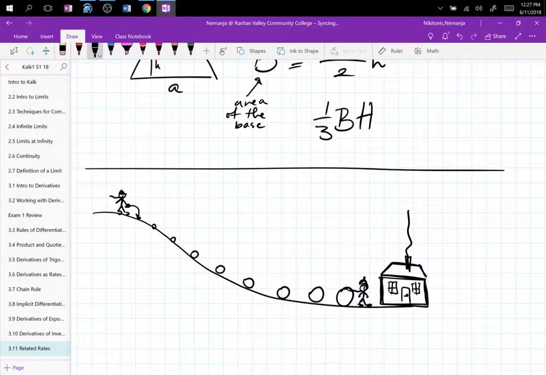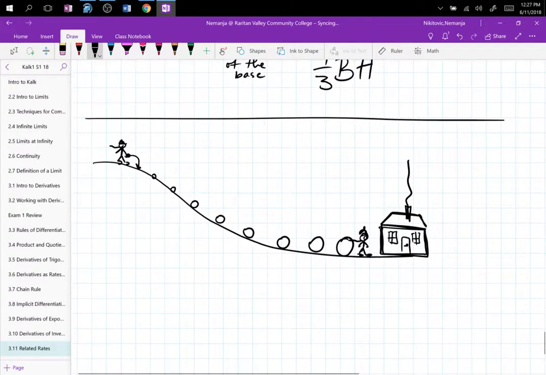Sounds good? So what would be the problem in this case? Well, you want to see how large this snowball is going to grow as it goes. So what is it accumulating as time progresses?